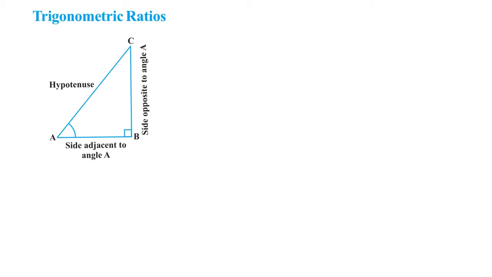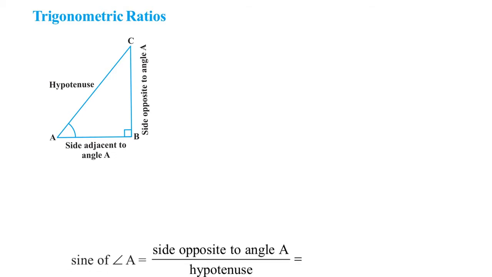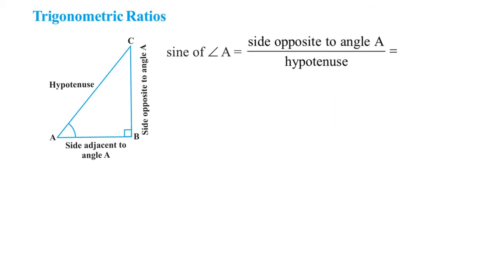We get the following trigonometric ratios. You know what's a ratio? A ratio is nothing but a fraction. So sine of angle A is given by the ratio side opposite to angle A divided by the hypotenuse. And what is that going to be in reference to the triangle we have? It's going to be BC over AC.